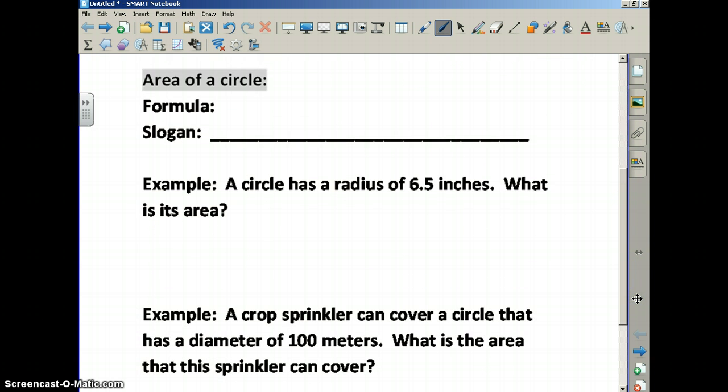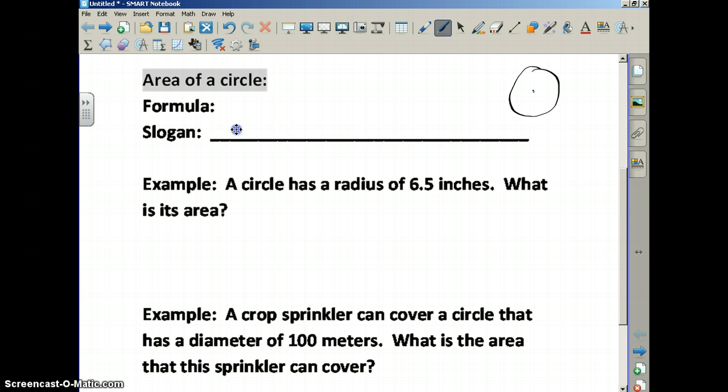Okay, we have a slogan for the area of a circle. So let's draw a circle here and think about this. Here's our circle with our center point. And the area is all of this material that's inside the circle.